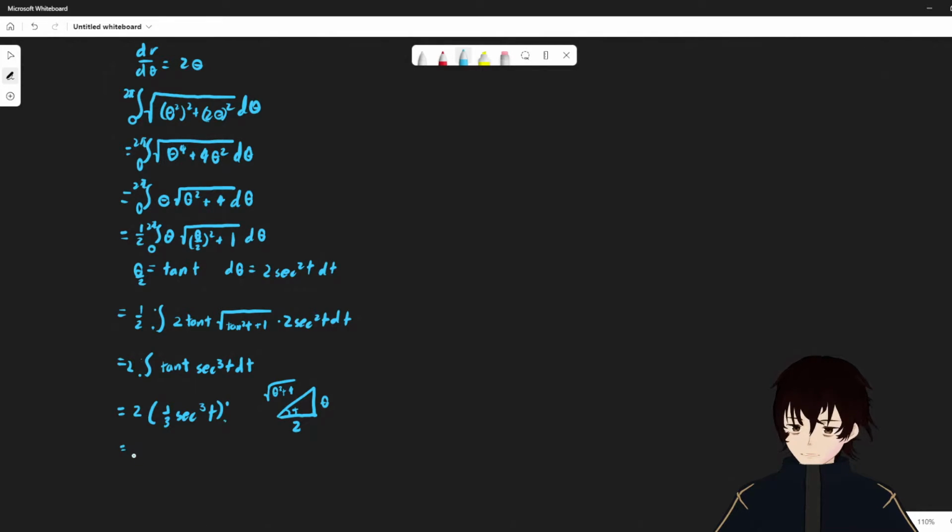So that would be 2/3 of the square root of theta squared plus 4 over 2 to the power of 3, from 0 to 2 pi.